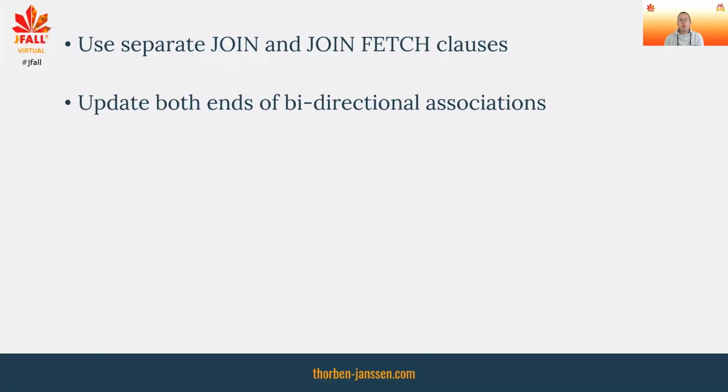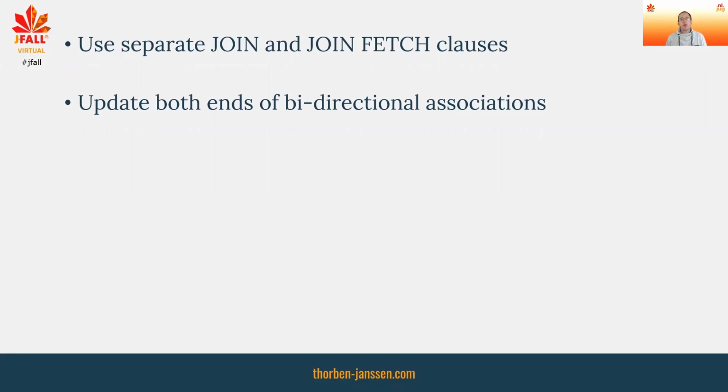Okay, so let's summarize the inconsistent results part real quick. I showed you should always separate your join clauses from the join fetch clauses and make sure that in your where clause, you only reference associations that you actually joined and not ones that you join fetched. Otherwise, your list of associated entities will be incomplete.